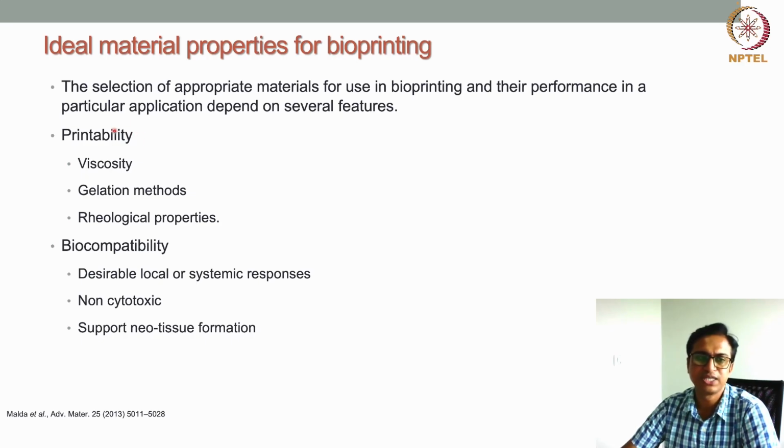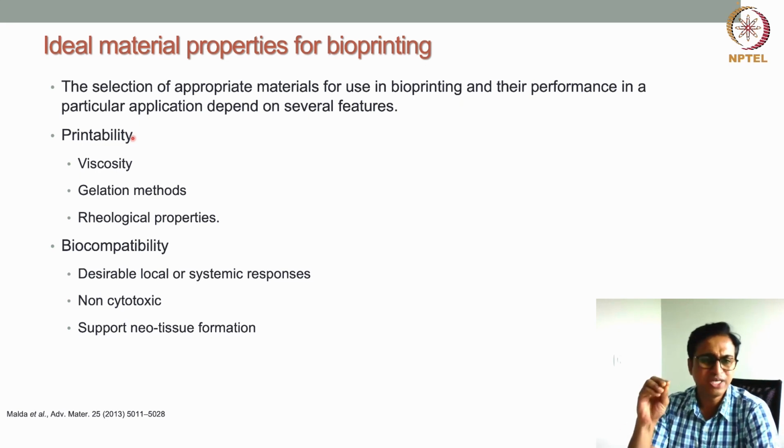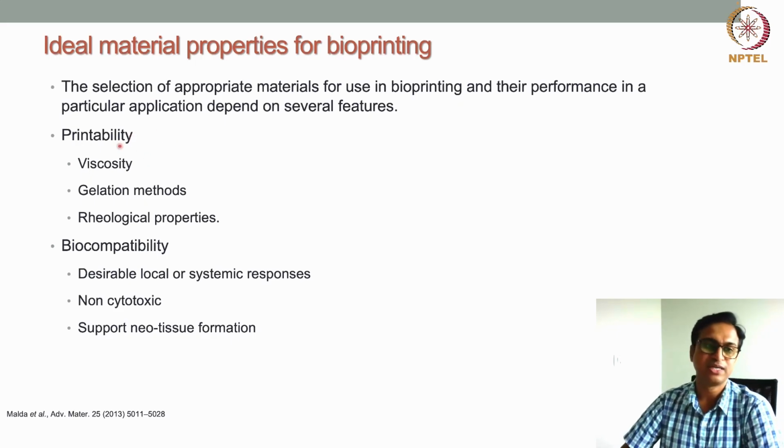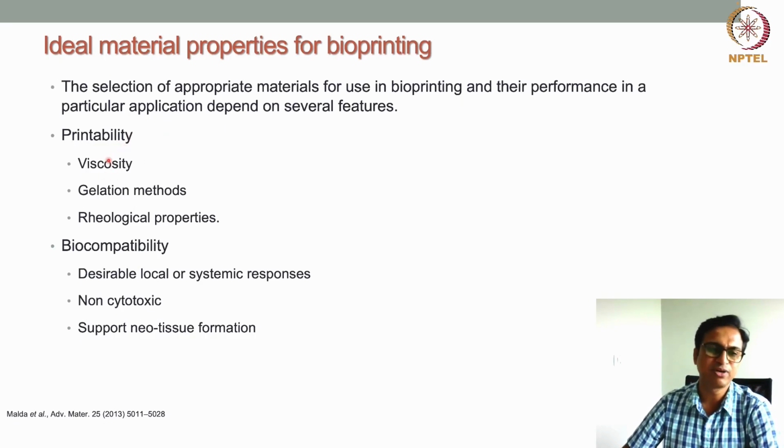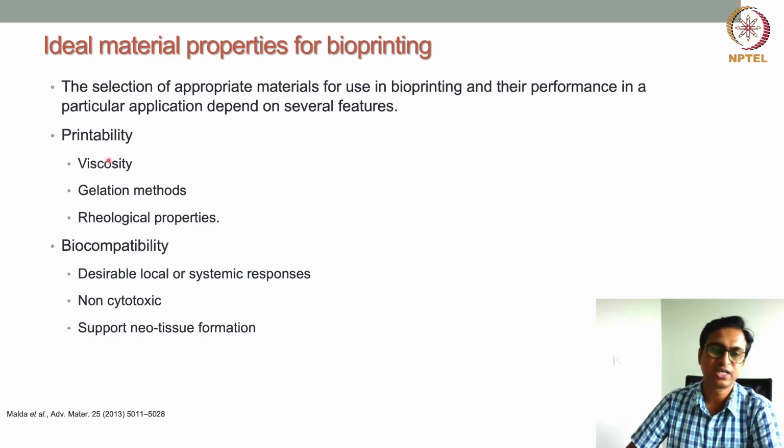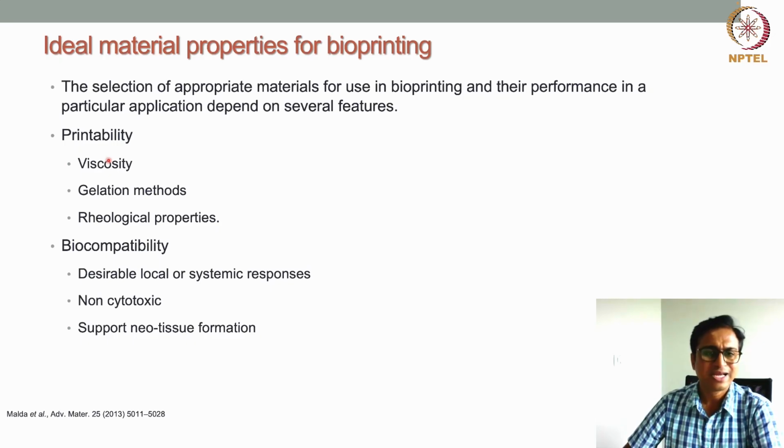So printability would be compromised. Similarly, if you use a very high viscous material, we need to exert a lot of pressure to extrude the material on the print bed. That is another important concern. So we need to choose a viscosity depending on the particular type of material, and different levels of viscosity can be used.